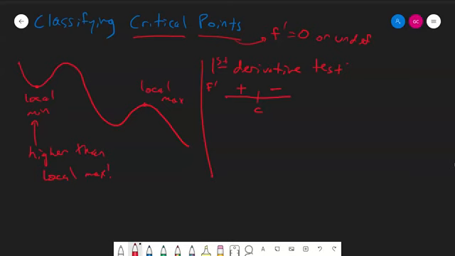When f prime is positive, f is increasing, and when f prime is negative, f is decreasing. If your graph goes from increasing to decreasing, you must have hit a local maximum in between. In the same way, if f prime goes from negative to positive, then f goes from decreasing to increasing, and so you have a local minimum.